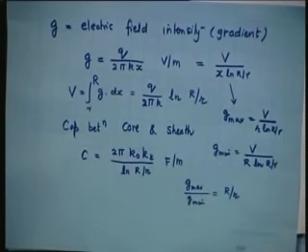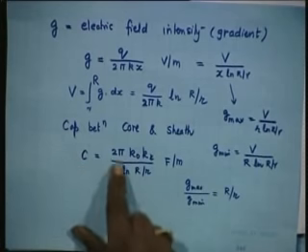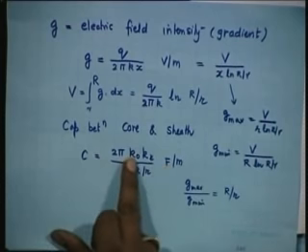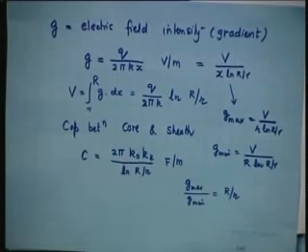These integrals you must have done 100 times or 1000 times in past so many years. The capacitance between core and sheath is given by C equals Q by V. Those things you can substitute. I am just directly giving the result, 2 pi k0 kr upon ln R by r. K0 is the permittivity of free space, that is 8.85 into 10 to the power minus 12 farads per meter. Kr is the relative permittivity, and this is farads per meter.